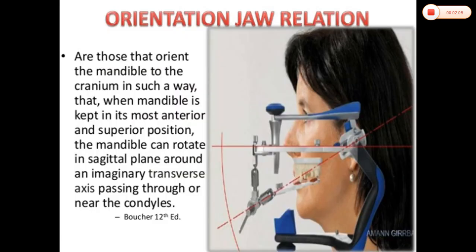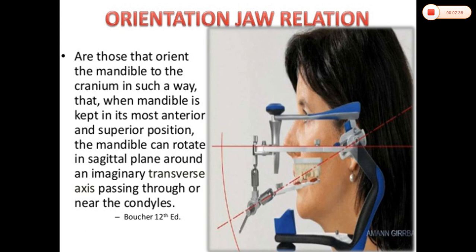So what is this orientation jaw relation? This is orientation of the mandible to the cranium in such a way that the condyles, when braced against the articular eminences in anterosuperior position, allow the mandible to rotate in the sagittal plane around an imaginary transverse axis, passing through or near the condyles.